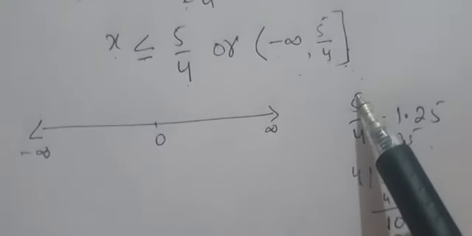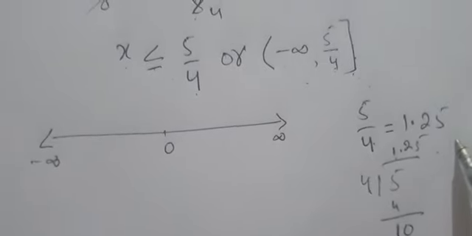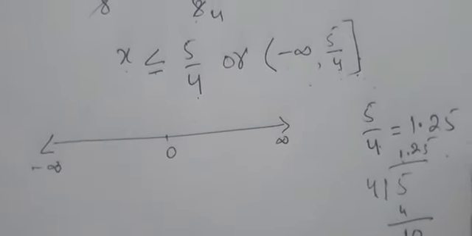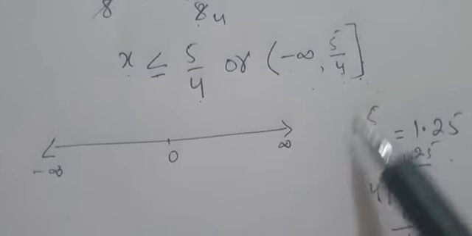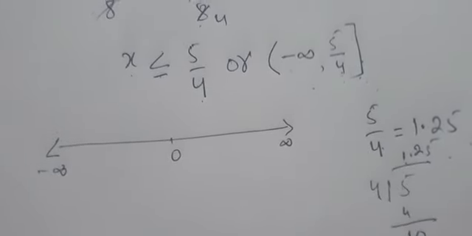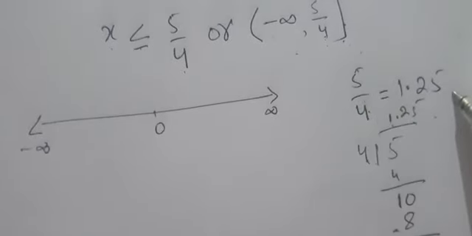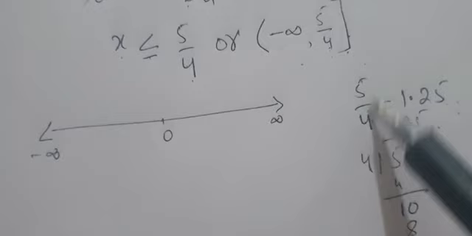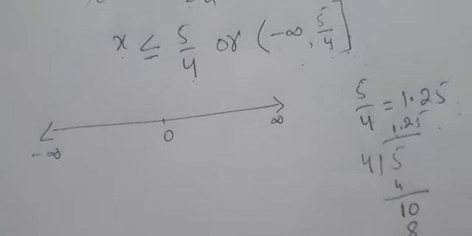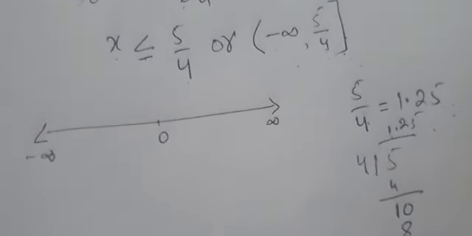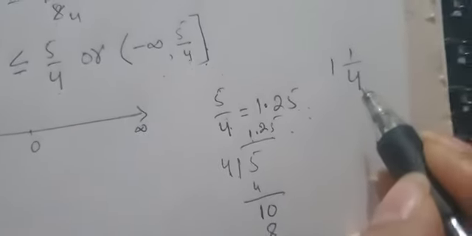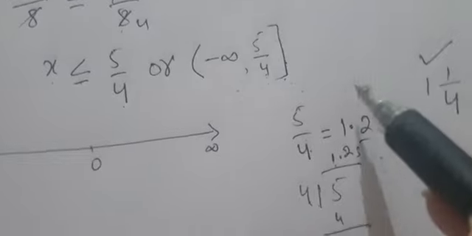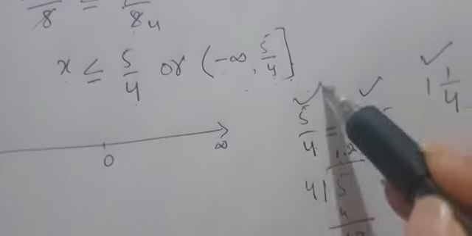This 5 upon 4 is that number, or you can say this is the improper fraction, and this is the same if you write it this way, or as the improper fraction with the mixed number, like 1 and 1 upon 4. These are all actually the same. You can use any of these.